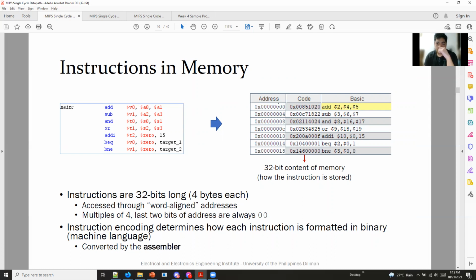And then you'll notice na yung first address natin is 0, ang next address natin is 4, kasi kada isang address ay 8 bits long. And then, since ang isang instruction ay 32 bits long, ang next instruction ay makikita 4 addresses later after nung previous na instruction.